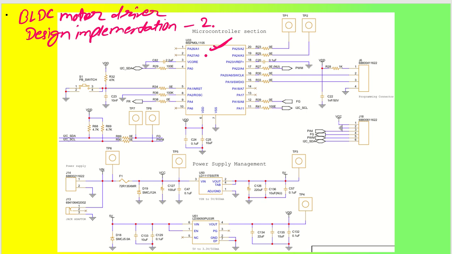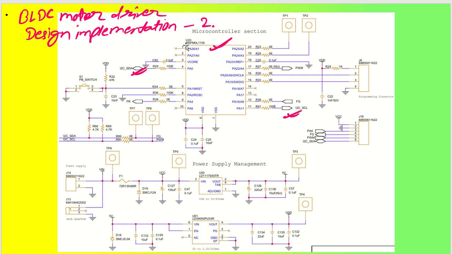and this has SDA and SCL pins which are going to be utilized for your I2C application, and the I2C lines have been pulled up here. Then this will be working with your PWM clock as well as the FG pin, that is your speed feedback pin.